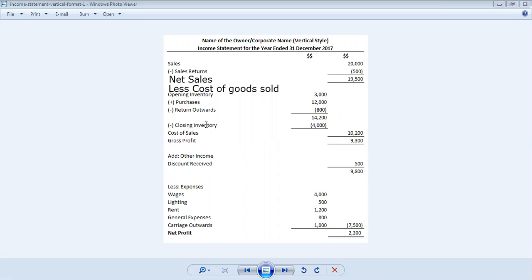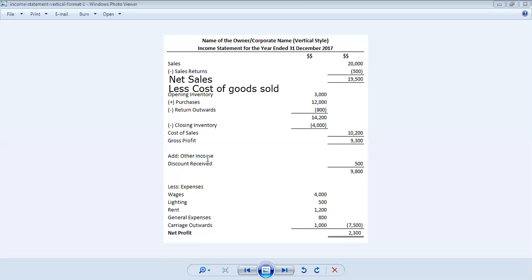Then less closing inventory, just 4,000 in this case, that will give you 10,200. Now, the 10,200 is called cost of sales or cost of goods sold. You subtract the cost of goods sold now from net sales, and that will give you a gross profit of 9,200.